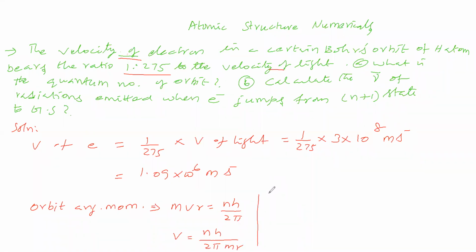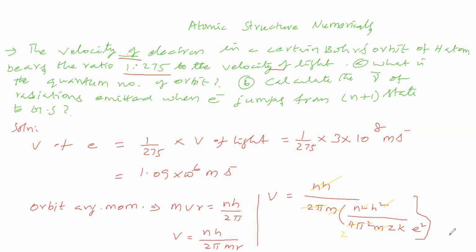So now we will substitute r. So v is equal to h by 2 pi m into r, where r is n square h square by 4 pi square m z k e square. Let us cancel the common terms. n, h, m cancel, pi cancels, 2 cancels. So the rest is 2 pi z k e square by nh.